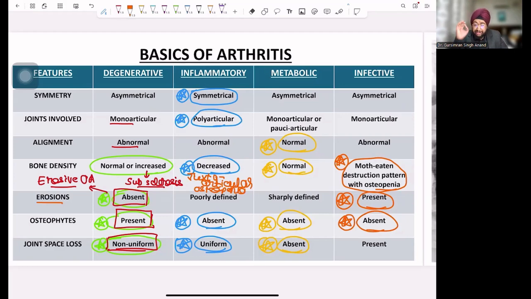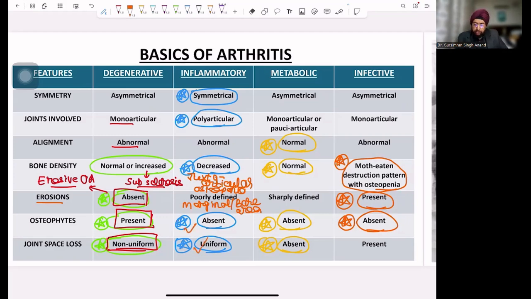Erosion is definitely a feature of inflammatory arthritis. In rheumatoid arthritis, the major type of erosions are marginal or bare area erosions. Osteophytes definitely have to be absent to label a case as inflammatory arthritis, and the joint space loss is uniform.